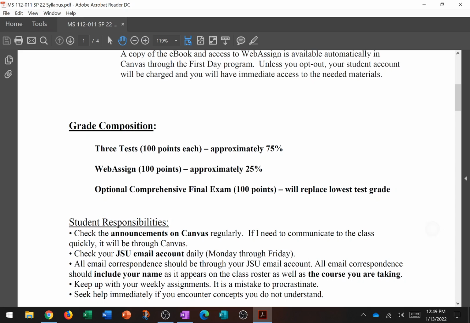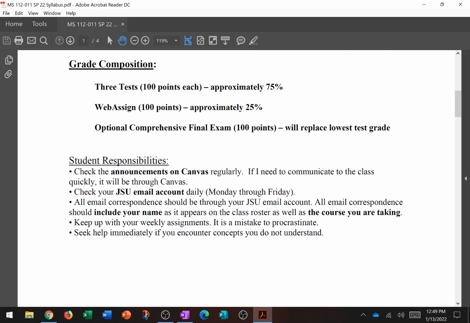For the class, our grade comes from: we'll take 3 tests during the semester. Each one of those will be 100 points, so that works out to be 75% of the grade. And assignments in WebAssign, 100%, 5% of the grade. And we're going to do an optional final in here.